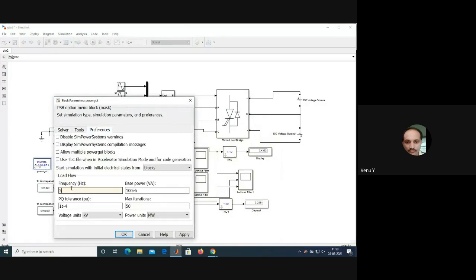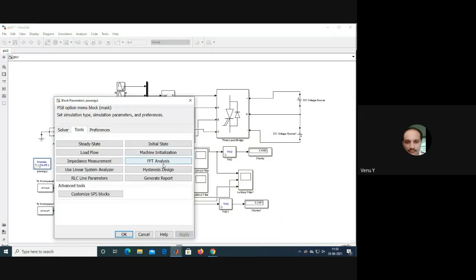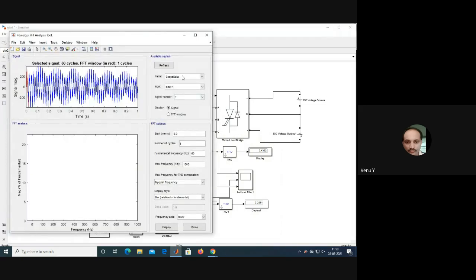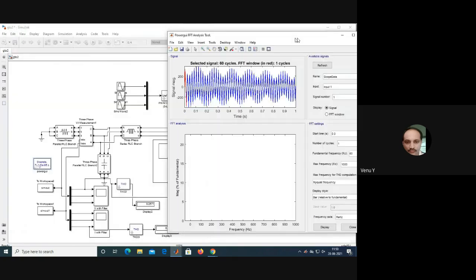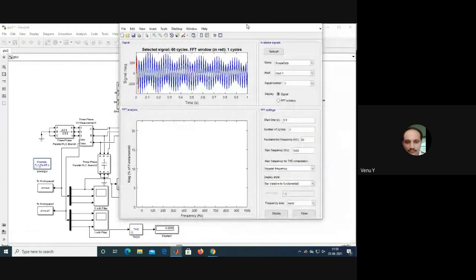FFT analysis 50 Hz. Apply, Tools, FFT analysis. What is this scope? Sim output 1.